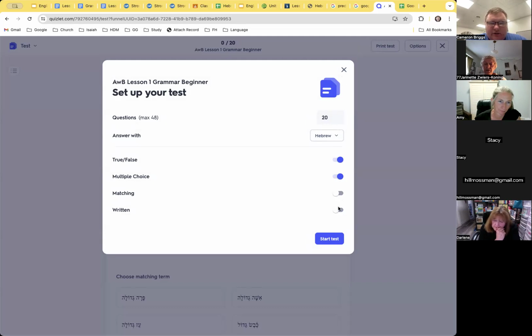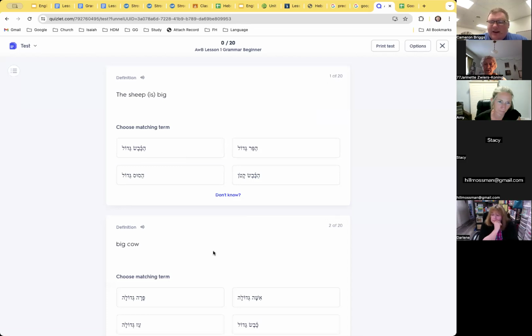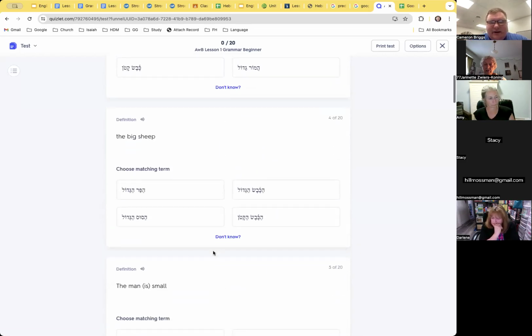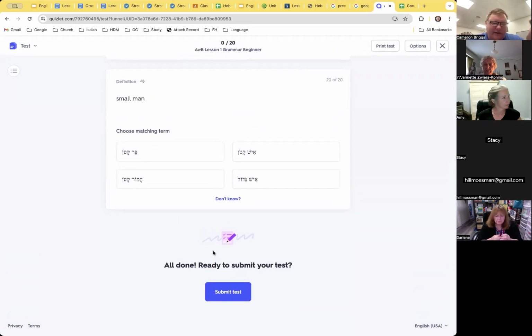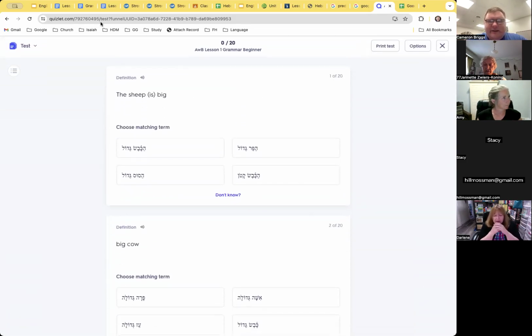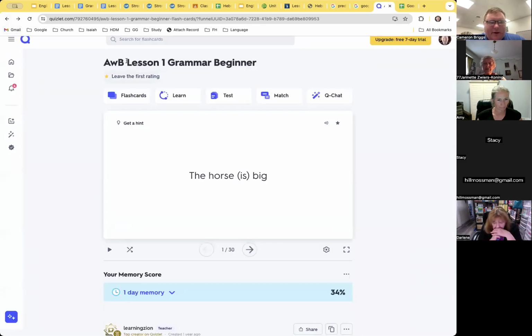If you wanted to toggle the written on, I wouldn't take the test like that, but I would test myself and write it down on a piece of paper as I go along, because typing it out is kind of tricky. Thanks for bringing that up, because I keep forgetting to tell people that the test is really tricky on the Quizlet part.